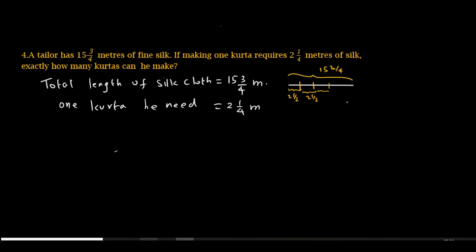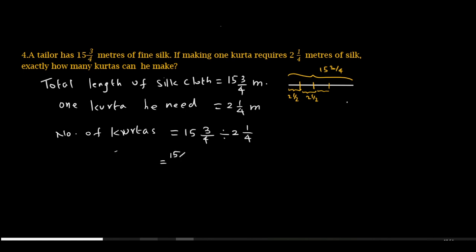So the number of kurtas is nothing but 15 3/4 divided by 2 1/4. Both are mixed fractions, so make them improper. How to do that?